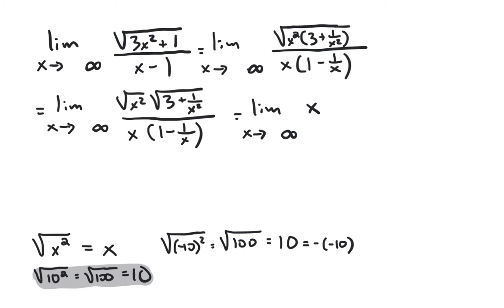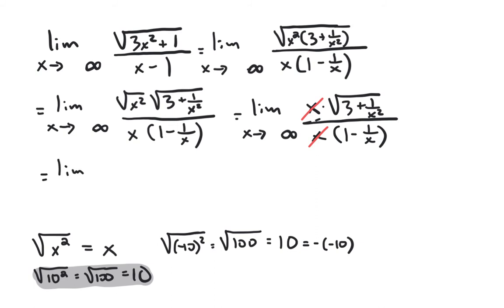So we have x times the square root of 3 plus 1 over x squared over x times 1 minus 1 over x. And of course, our x's cancel. And we're left with the limit as x approaches infinity of the square root of 3 plus 1 over x squared over 1 minus 1 over x.